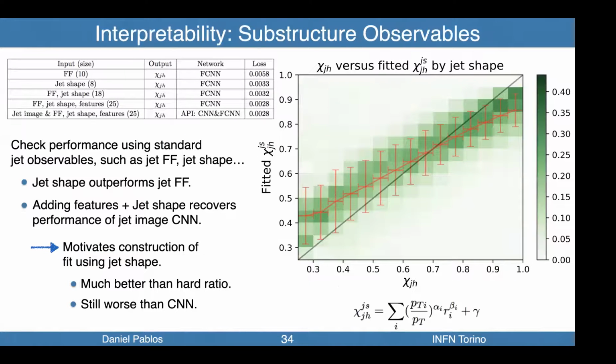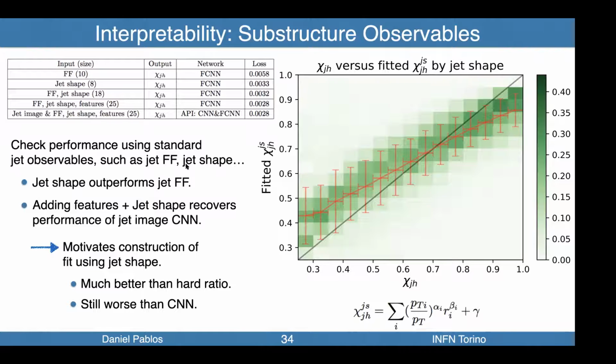If we use selected jet observables like the fragmentation functions, the longitudinal energy distribution, or the jet shape, which is the angular distribution of the transverse energy inside a jet, we can see that the jet shape outperforms the fragmentation function, meaning that the angular distribution, where those soft particles are, is pretty important.